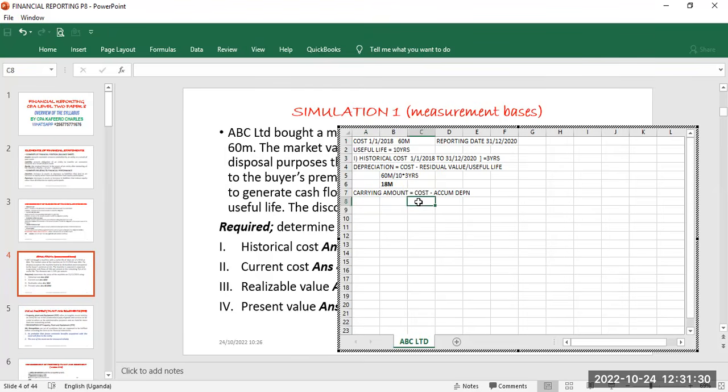So our cost was 60 million. Then when you less the 18 million accumulated depreciation, you will be able to get 42 million. And this is how we got the answer you are seeing here.